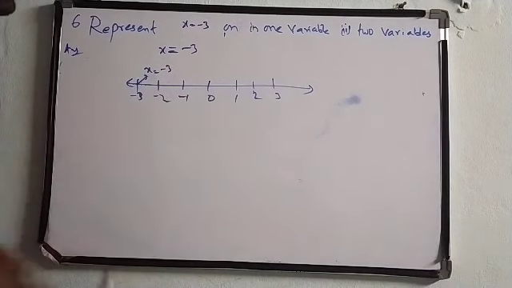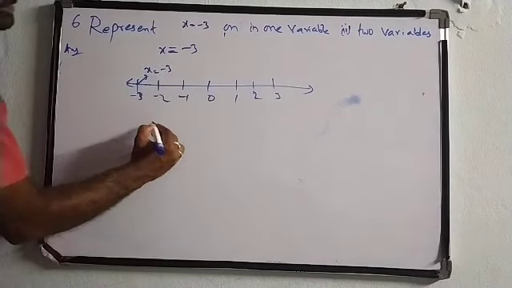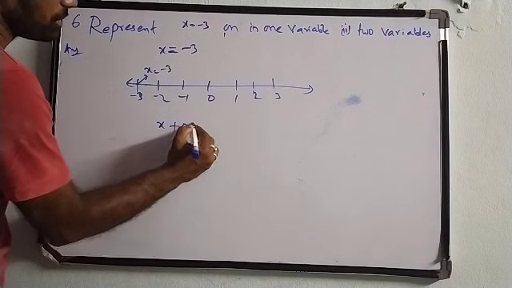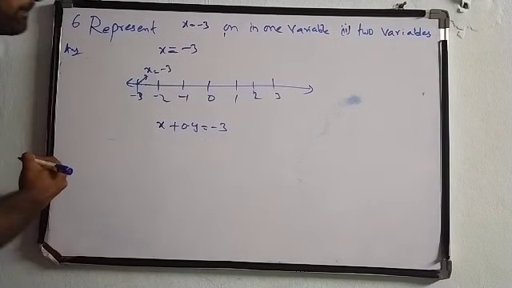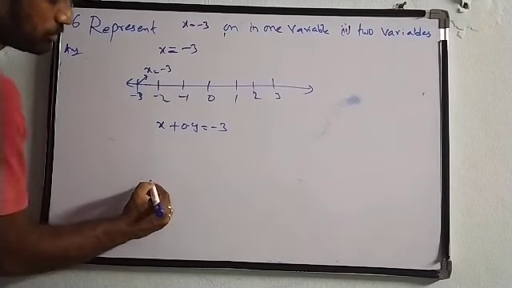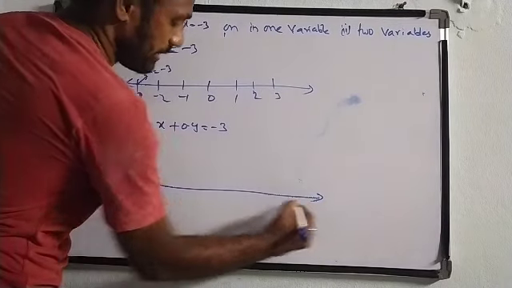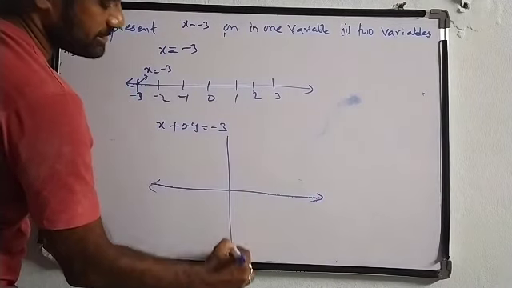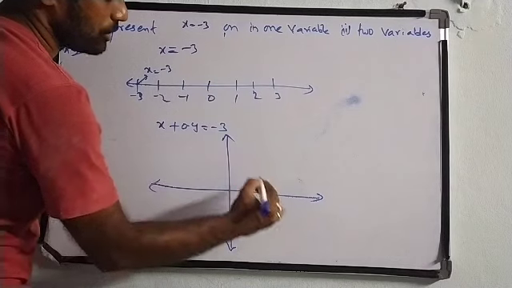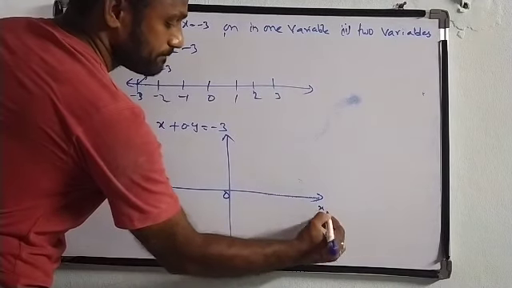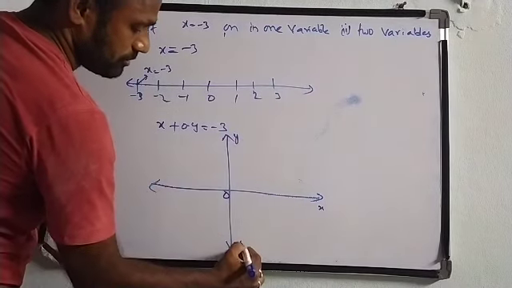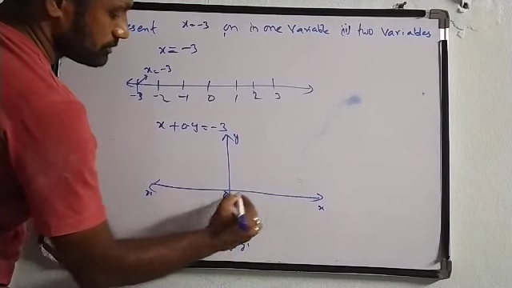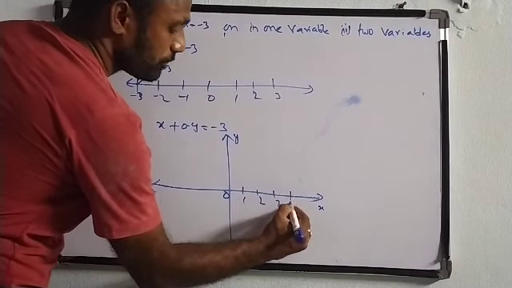Now if I want to represent the same in two variables, as x is there, it will be x plus 0 into y equals -3. I need to draw the Cartesian plane. X-axis, y-axis I have drawn. Represent here 1, 2, 3, 4.